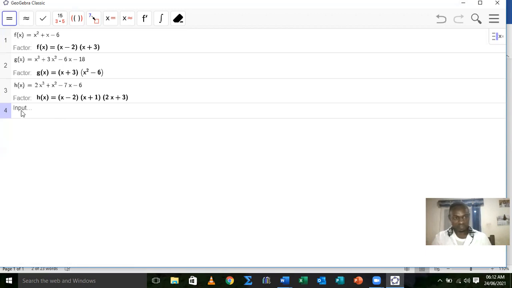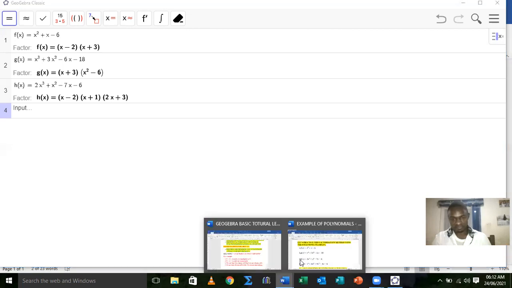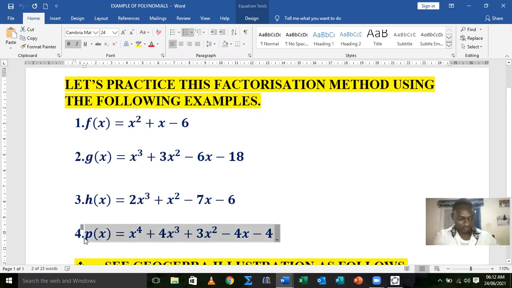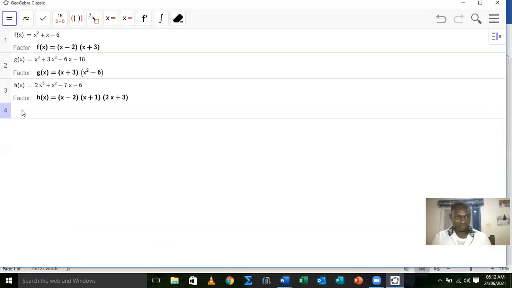We move to the next example, example 4. We get the quartic polynomial. When we input it, we follow the same steps as above.